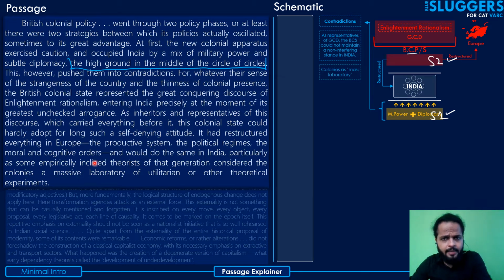Particularly as some empirically inclined theorists of that generation considered the colonies a massive laboratory of utilitarian or other theoretical experiments.